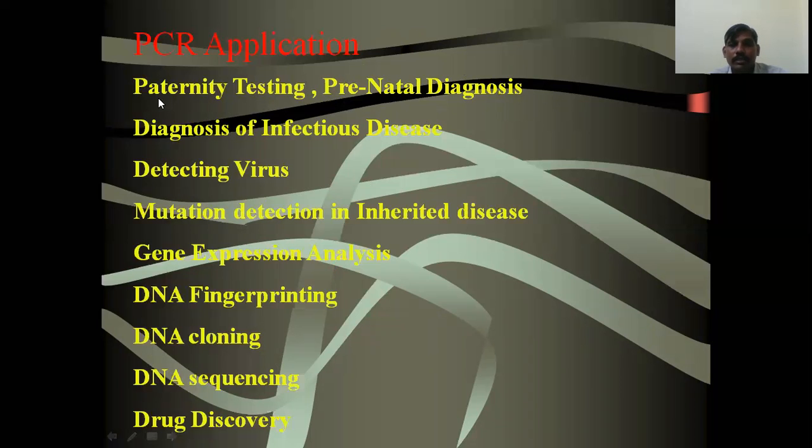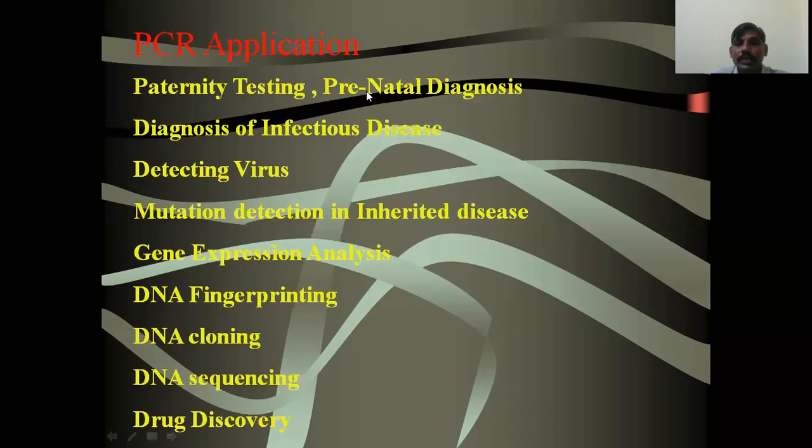Another one is parental disputes seen in the hospitals: the child belongs to whom? We take parental samples and the child's blood sample, and we know the DNA sequence. By the comparison process, we conclude the child belongs to so and so person.